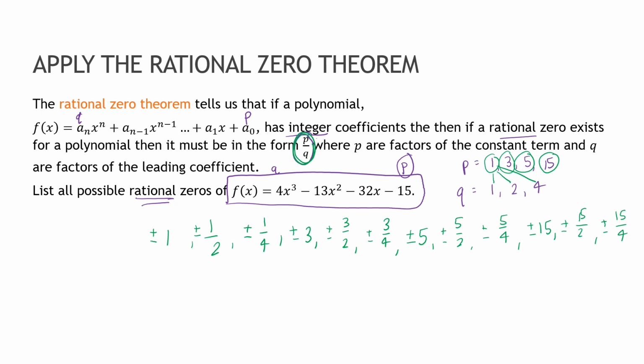The bad news is that's 2, 4, 6, 8, 10, 12, 14, 16, 18, 20, 22, 24 total possibilities, because it's plus and minus for each one.